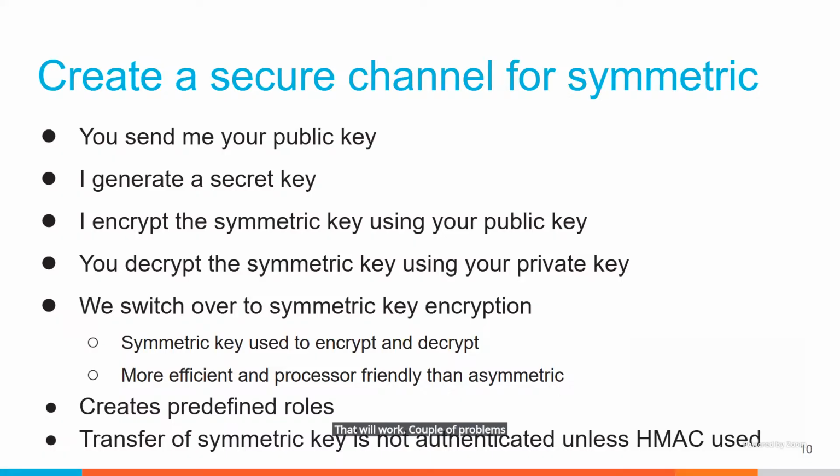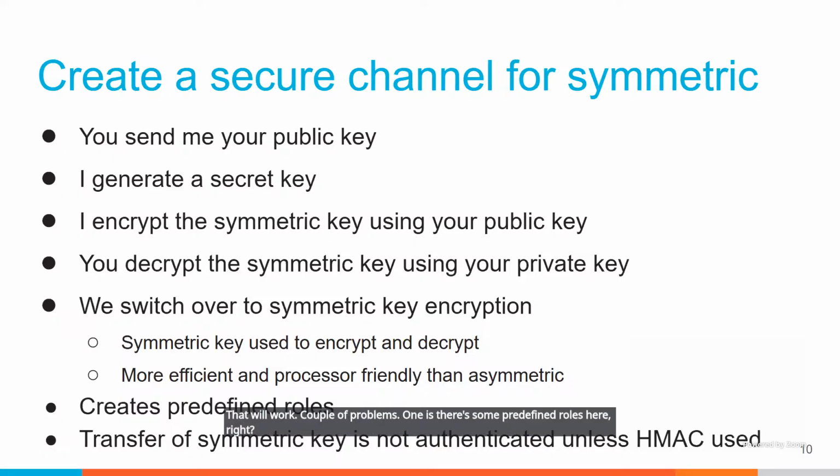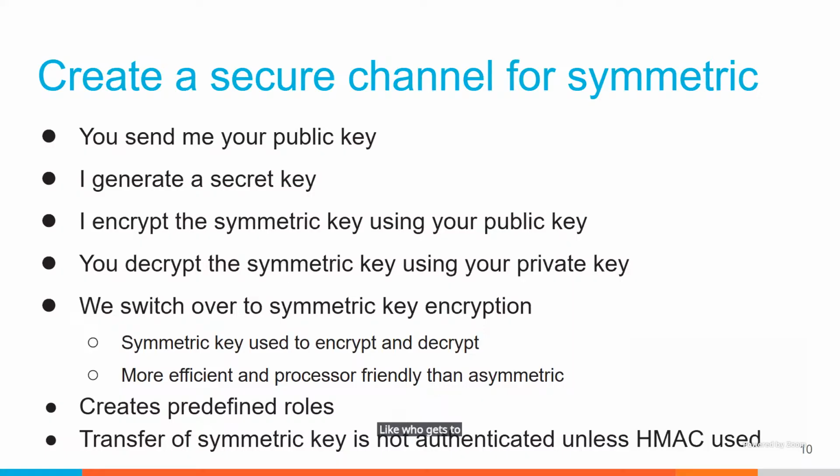One is there are some predefined roles here, right? Like who gets to create that key? Who's responsible for creating a decent value? What are the parameters around that? The other is we're transmitting the key, and unless we've exchanged public keys both ways, there's no way to validate that.